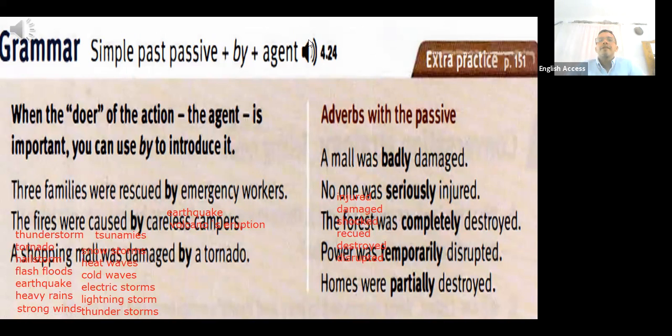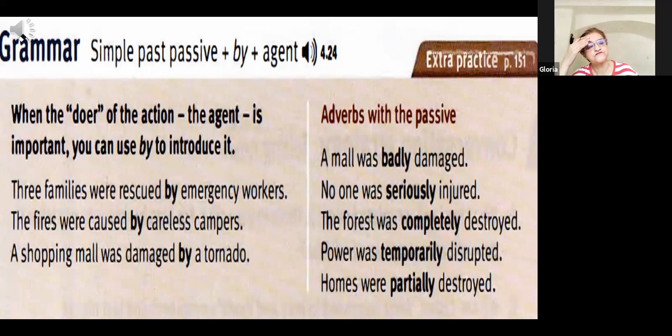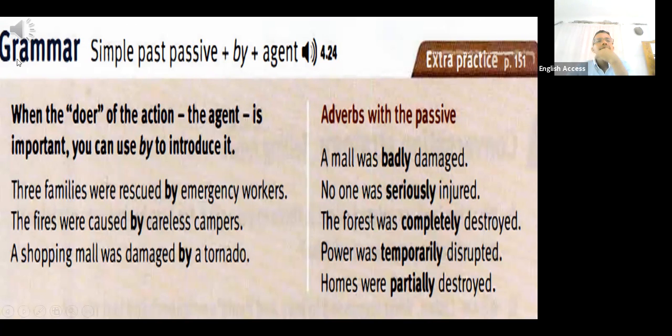Okay, please first pay attention, and then we will discuss the doer, that is the subject, and the receiver, that is the object. Pay attention, please. Page 121. 2.